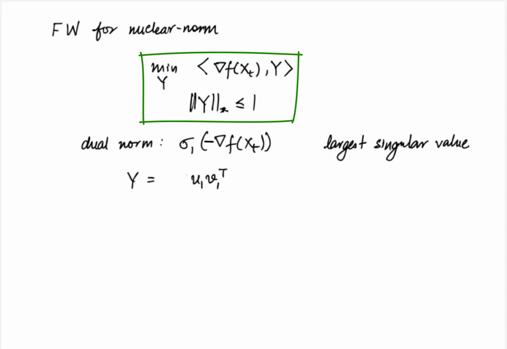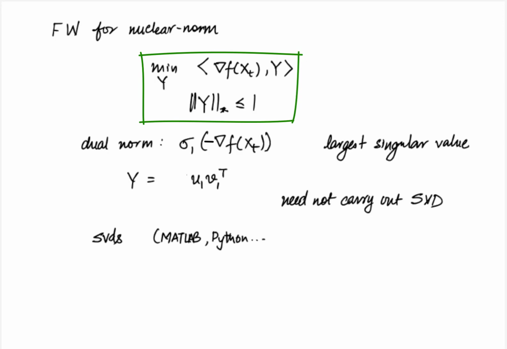The interesting thing here is that you need not carry out a full-fledged SVD in order to calculate the largest singular value or the corresponding singular vectors. Instead, there is a much more efficient way to do the same. Both MATLAB and Python provide functions called svds for this. Just try calling these on a large random matrix and you will be able to see the massive difference in performance yourself. These use variants of a method called the Lanczos method, which is basically an adaptation of the power method for finding the largest eigenvalue of a symmetric matrix.